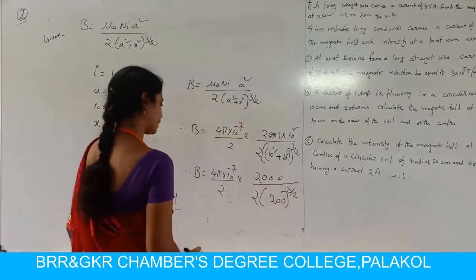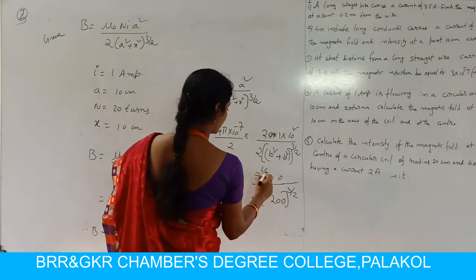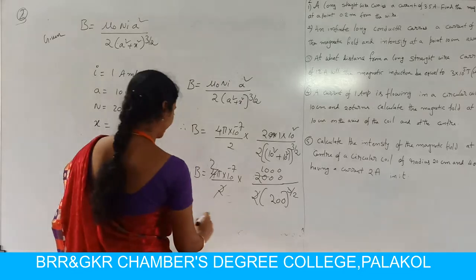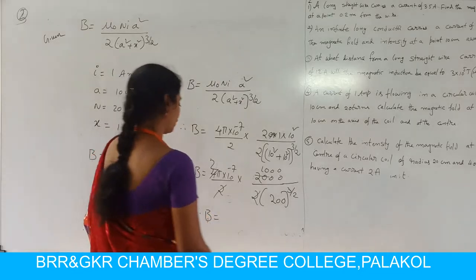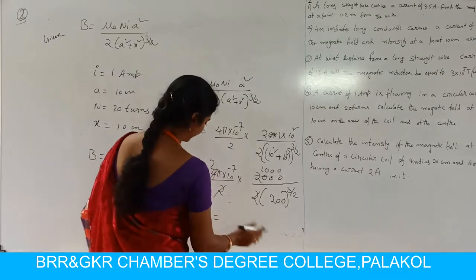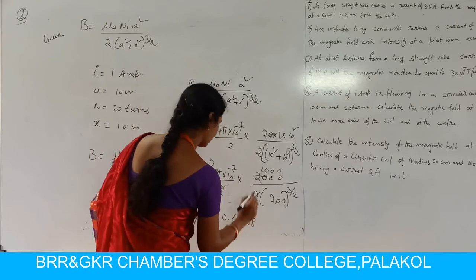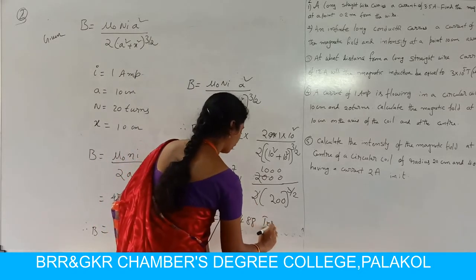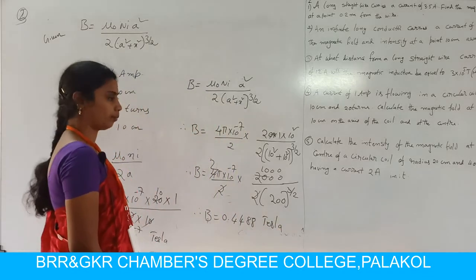Simplifying this, this cancels in 2 times, this also cancels in 1000 times, and 200 whole power 3 by 2, and simplifying we get 0.4488. What are the units for magnetic field induction? Tesla, or ampere per Weber per meter square.